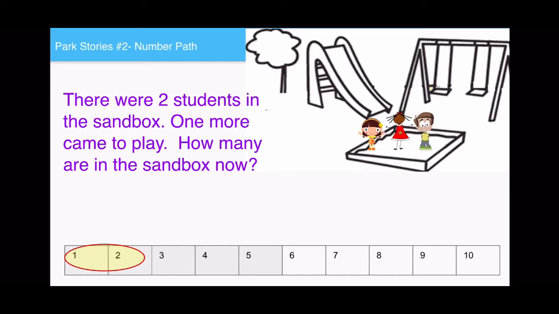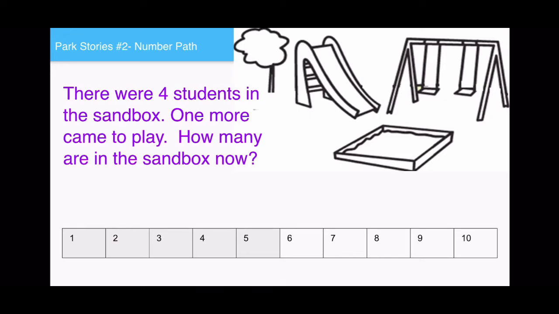The next number I'm going to circle is the number 3. Nice work, because 3 is the number right next to 2. So now check your work. Do you have 3 counters down? You should have 3 counters down, which means that there were 3 friends in the sandbox. Good job. Now let's try another one together.